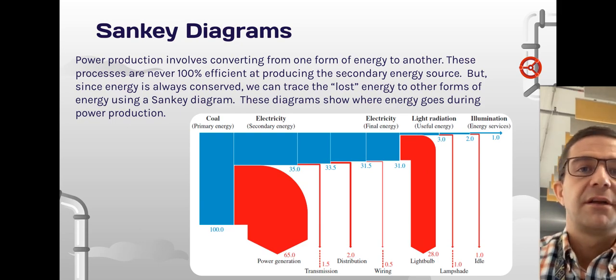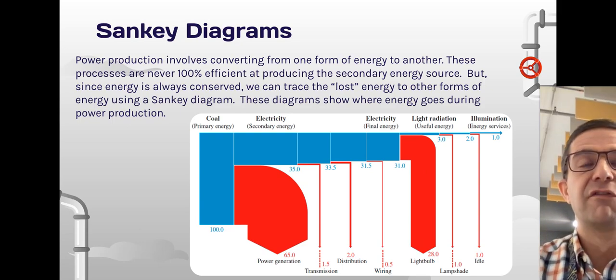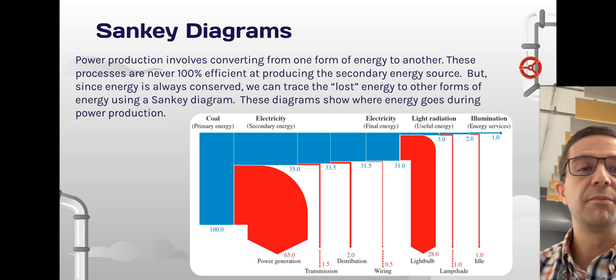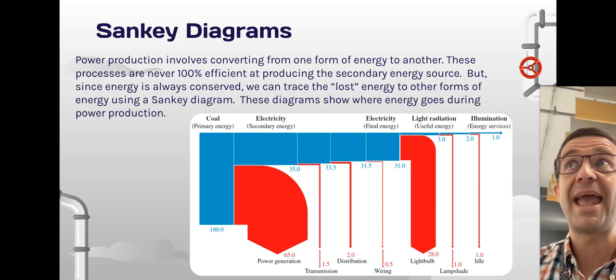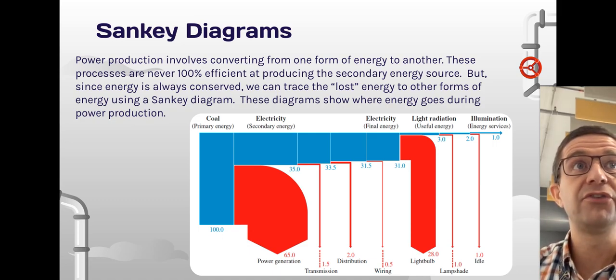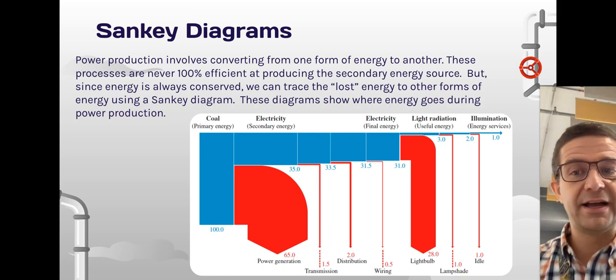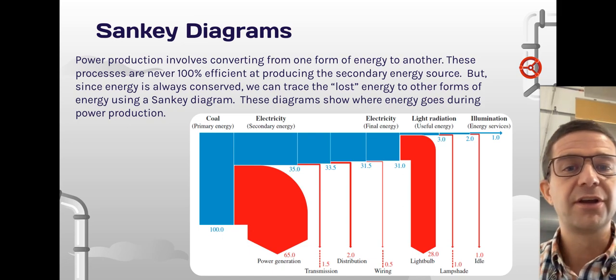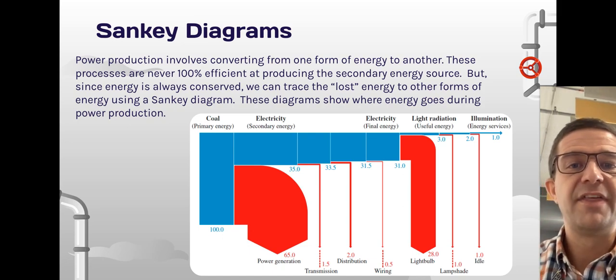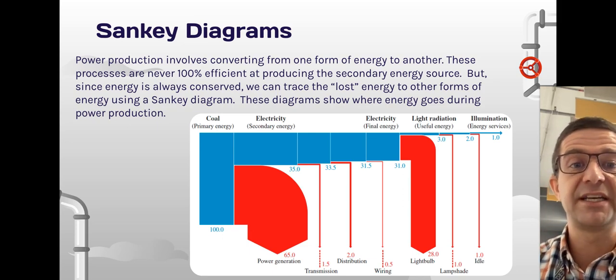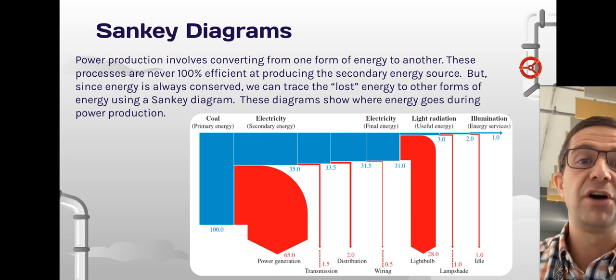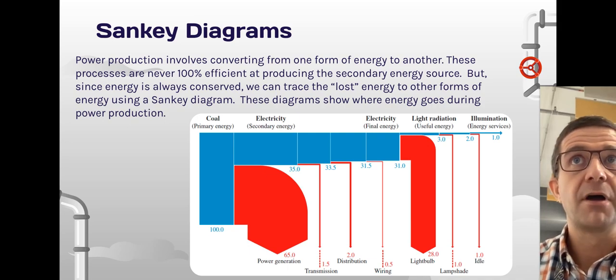Power production involves the conversion of energy from one form to another. And as we've learned with, say, a skater going up and down a ramp, that energy conversion from, say, potential energy to kinetic energy is never 100% efficient.